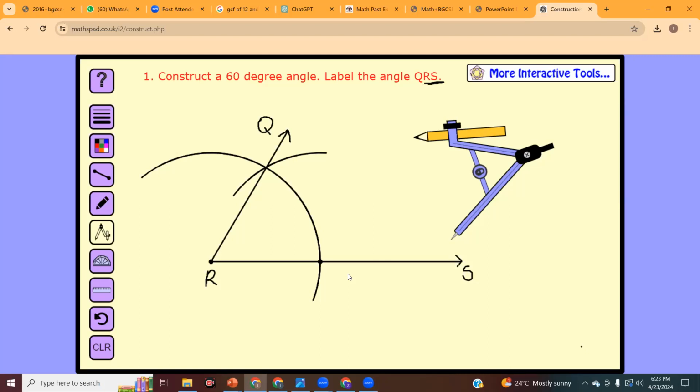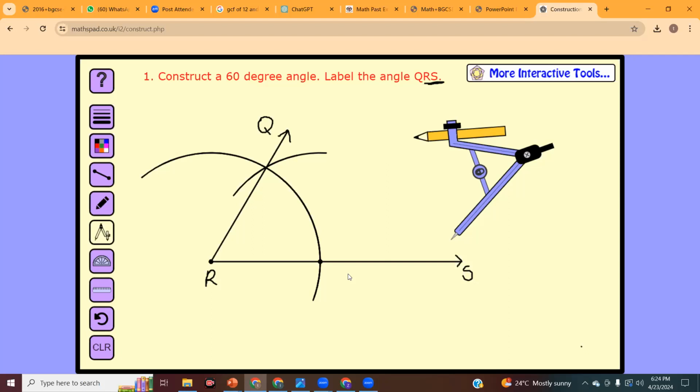Then your compass would still be the same length, and you would make another arc after the first one.